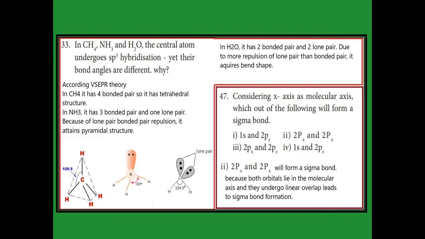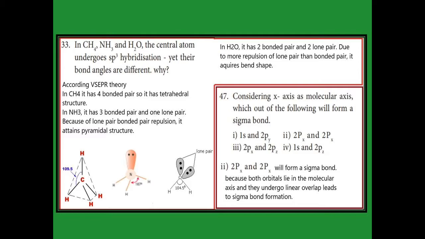In water, around the central atom oxygen there are 2 bonded pairs with hydrogen and 2 lone pairs. Here the lone pair and bonded pair repulsion is greater, so the angle is reduced from 107 degrees to 104.5 degrees. And then water acquires a bent shape.